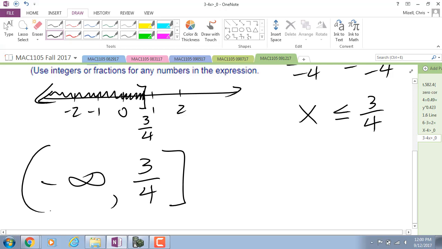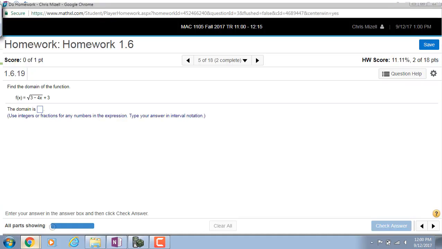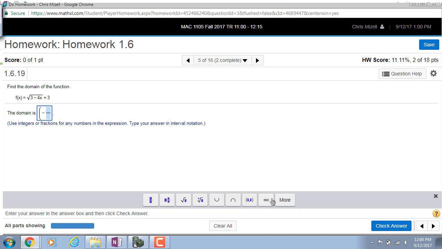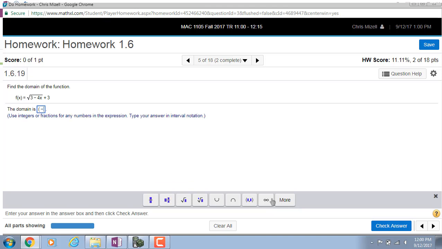I wonder if there's anything special about the way we have to enter this because it's a fraction. Open parenthesis, negative. What's the shortcut for typing the infinity? Front slash INF.